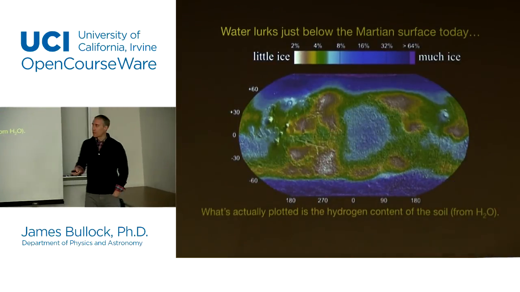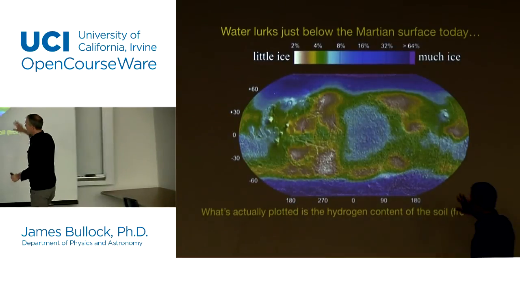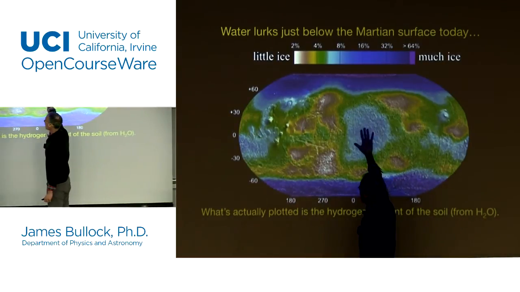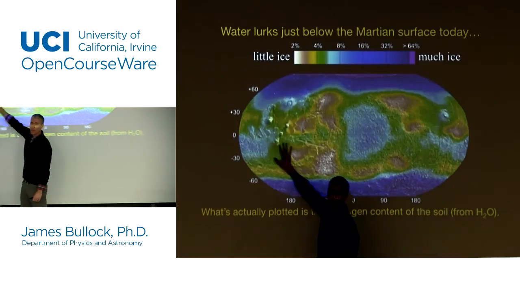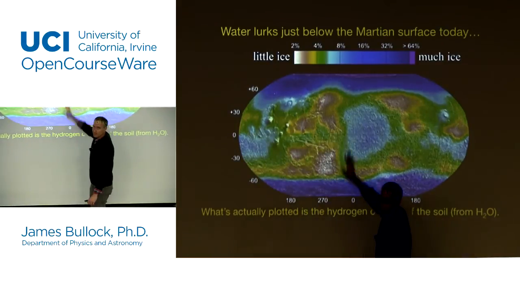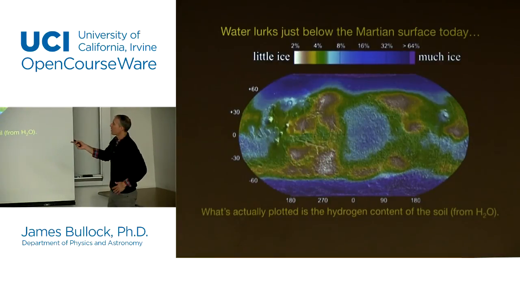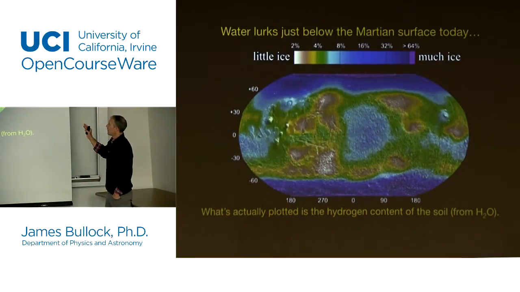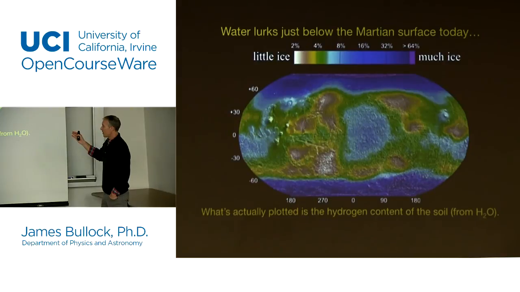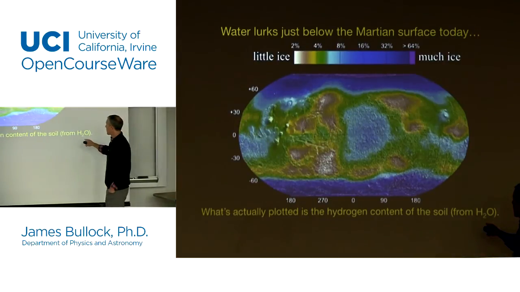That makes sense. We've talked about that before. But even out here in the middle of the planet, underneath the surface, there looks to be frozen water ice locked in there. What you're actually seeing here, by the way, is the experiment is mapping out where hydrogen is, but we interpret that hydrogen as H2O.